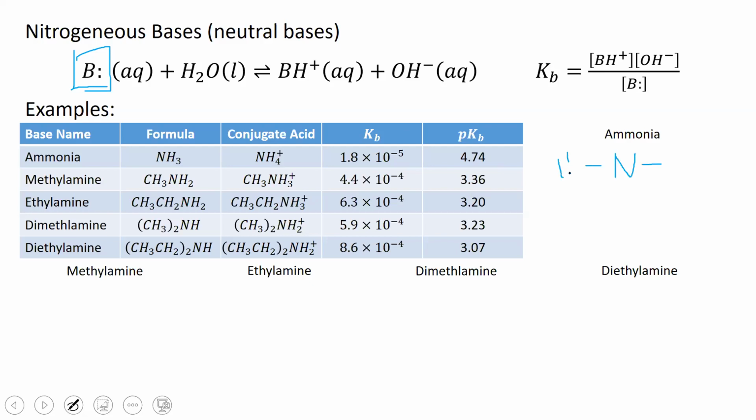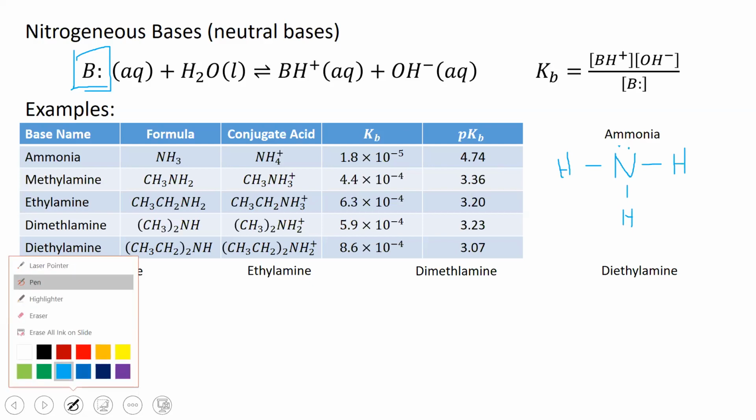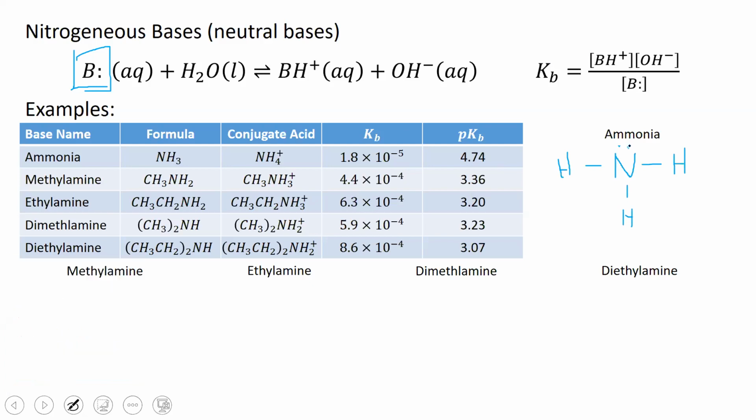And so if we look at some Lewis structure, right? When it comes to nitrogenous bases, there's a lone pair of electrons. If I can change the size of this. Oh, well, I guess I can't change the size of the stylus on here. Hopefully I'll be able to do that when I get the new stylus in.